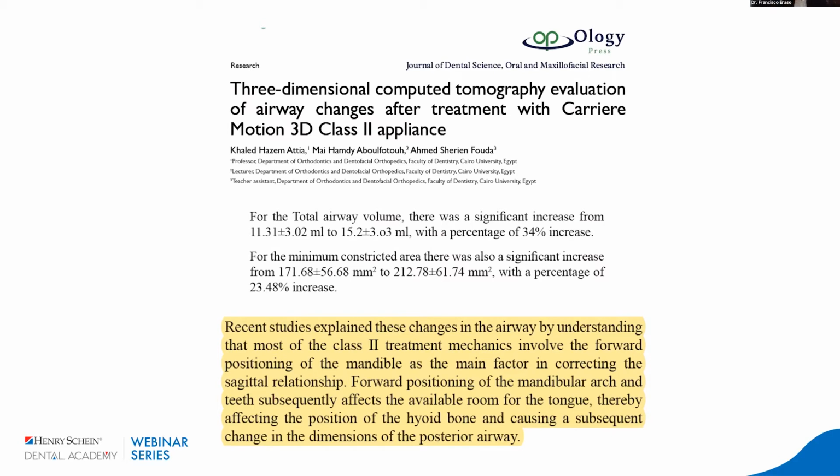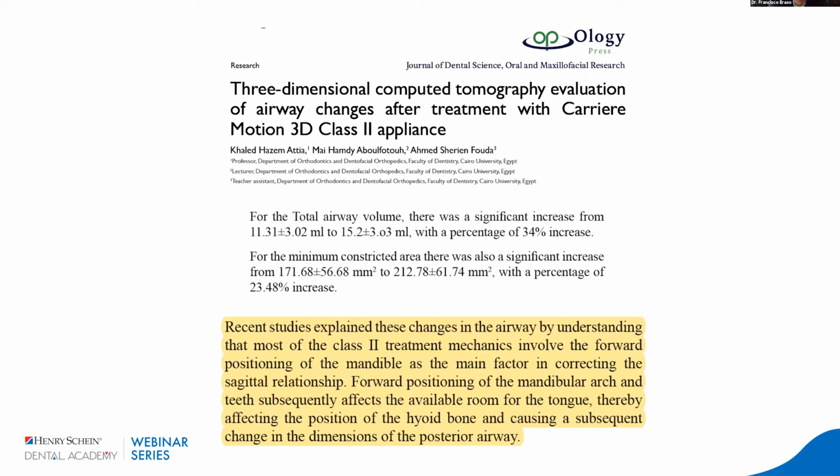Remember at the beginning of the presentation, we talked about the volume and the most constricted area. The minimum constricted area had a significant increase from 171 millimeters squared plus or minus 56, a 23.48% increase of the airway spaces.